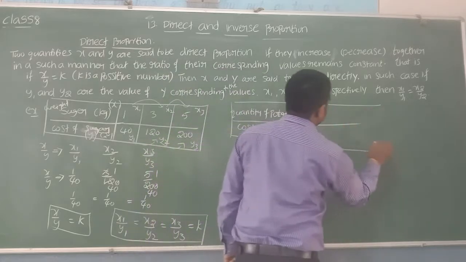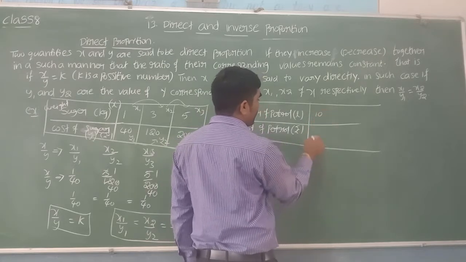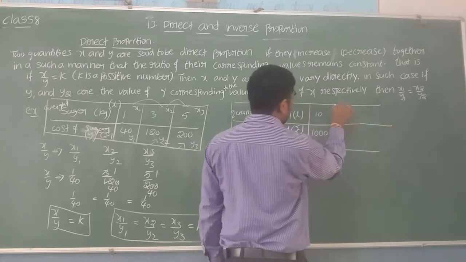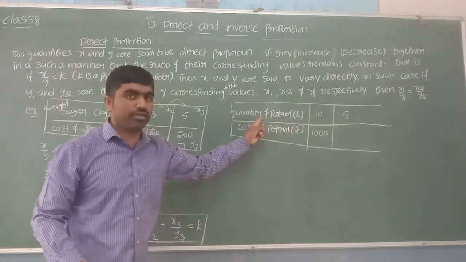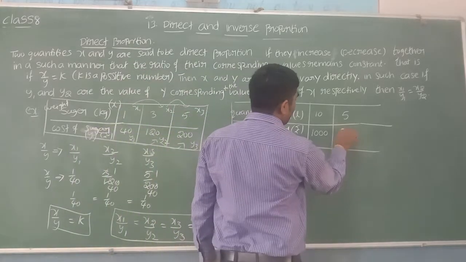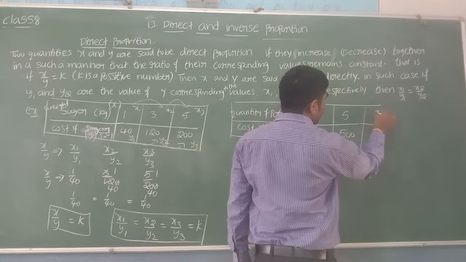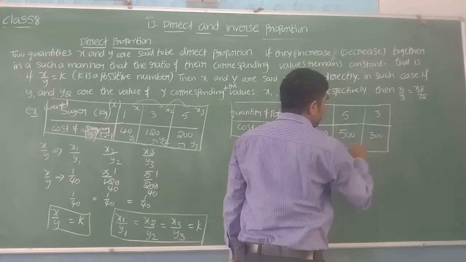Here you can see better. If you want to purchase 10 liters of petrol, we have to pay 1000 rupees. If you want to purchase 5 liters of petrol, we have to pay 500 rupees. If you want to purchase 3 liters of petrol, you have to pay 300 rupees.